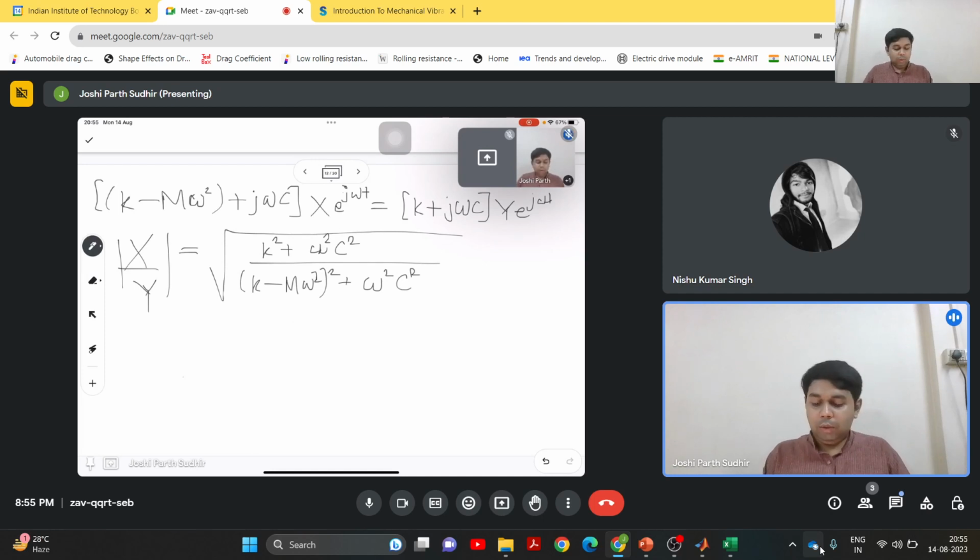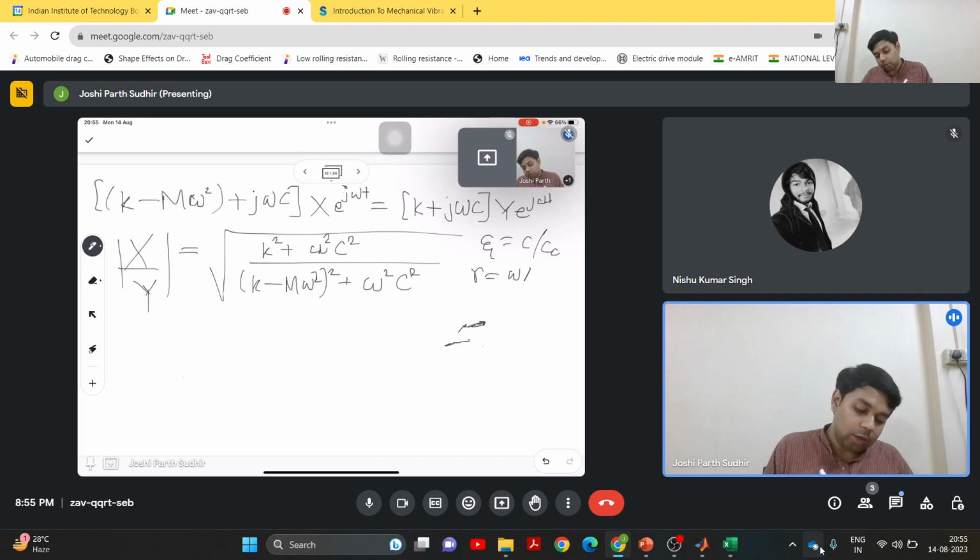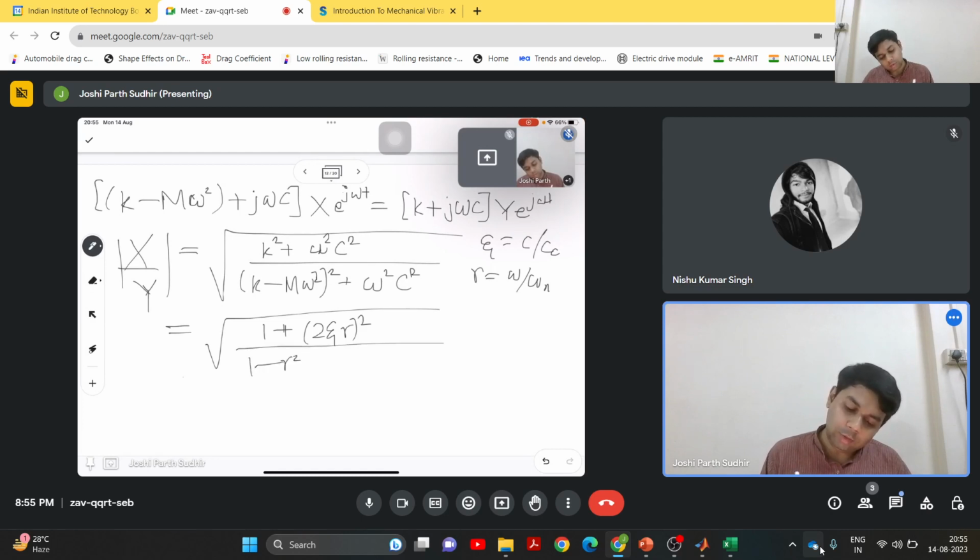So if we introduce the terms zeta is c by cc and r is omega by omega n, this will be transformed into the square root of 1 plus 2 zeta r whole square upon 1 minus r square the whole square plus 2 zeta r whole square.